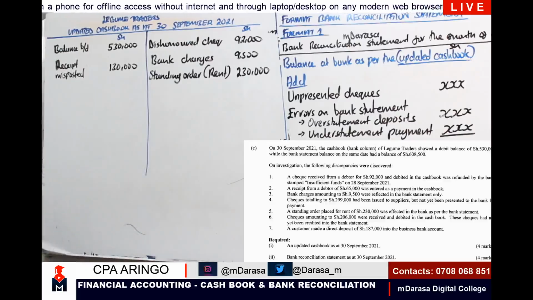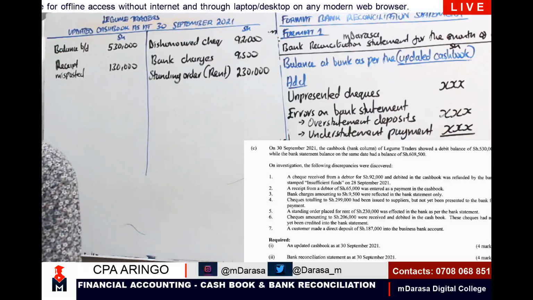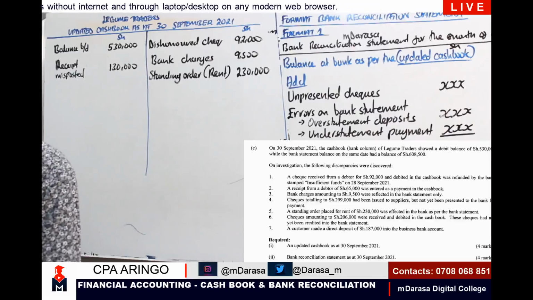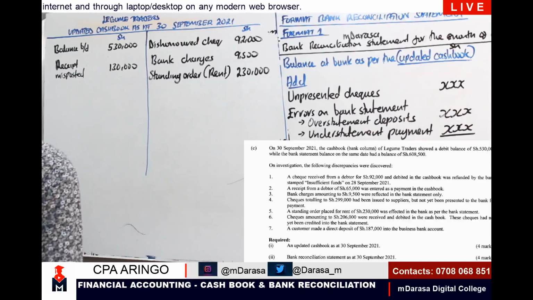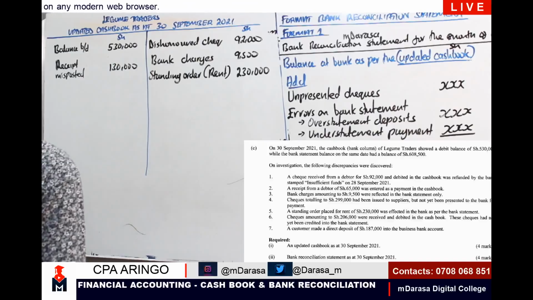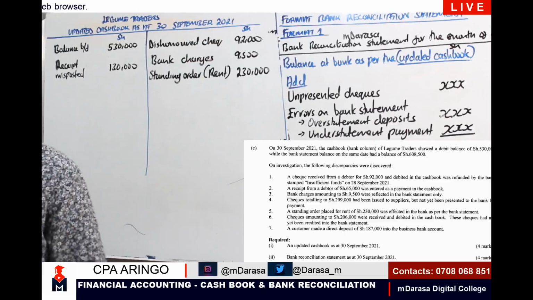Then the next entry, what were we told? We are told that checks amounting to 206 were received and debited in the cash book. These checks had not yet been credited in the bank statement. So therefore, what are we going to do?